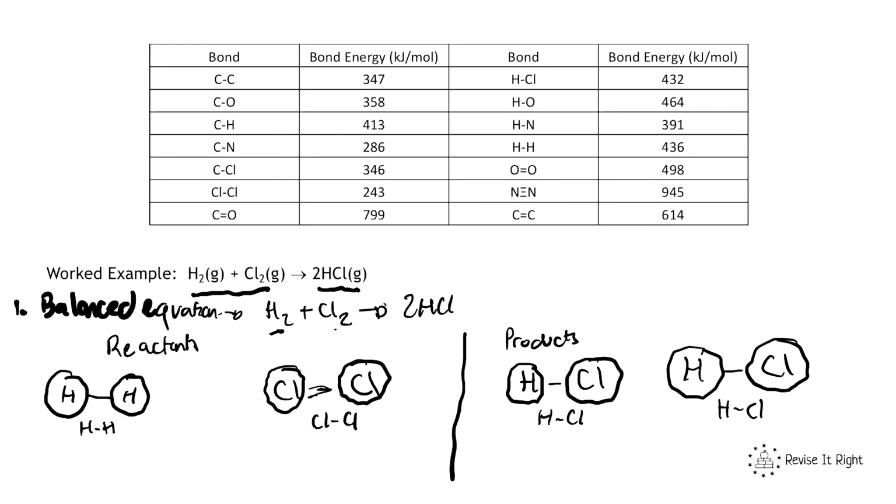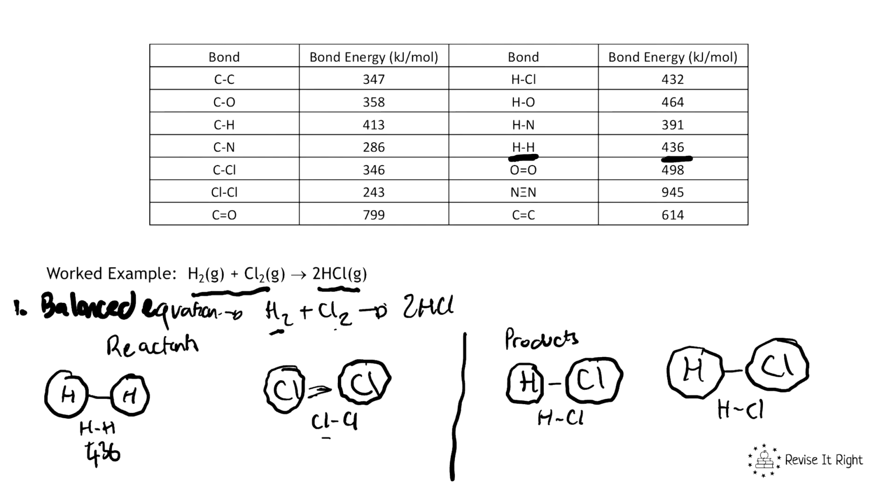Now for step number 4, you need to work out how much energy is required to break the initial bonds of the reactants. So we've done this. You just did this really in the previous slides. So we need to calculate how much required to break our first bond, H and H. So on the table here we find it, H plus H is 436. So it takes 436 kilojoules per mole to break that bond.